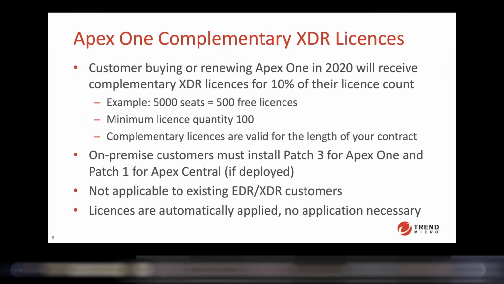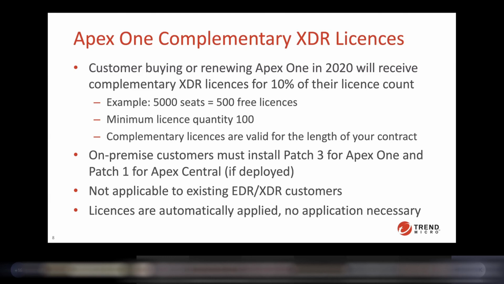And now we have a special offer or special promotion that is called Apex One Complementary XDR Access, or XDR licenses. The marketing code name is Flywheel. And what it is: every customer that purchases or renews Apex One in 2020 gets an XDR license for 10% of the license count.